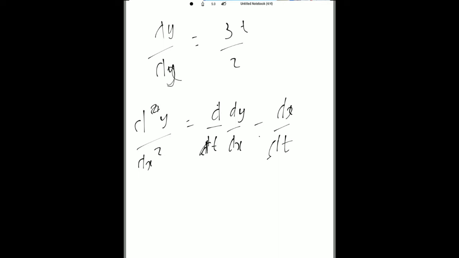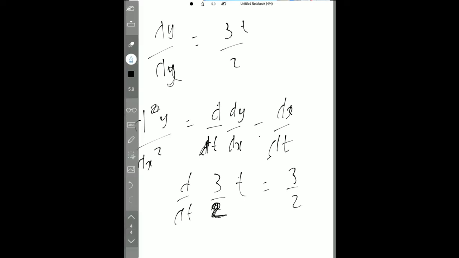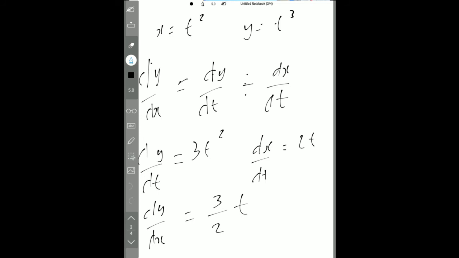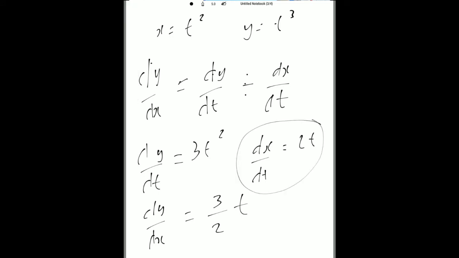So let's do that. We know that dy by dx is 3t over 2. Now, if we were to differentiate that with respect to t, what would you end up with? 3 over 2, because 3 over 2 is the coefficient of the t, where t is being raised to the power of 1. Now, what is dx by dt? Let's take a look back at that. dx by dt is 2t.